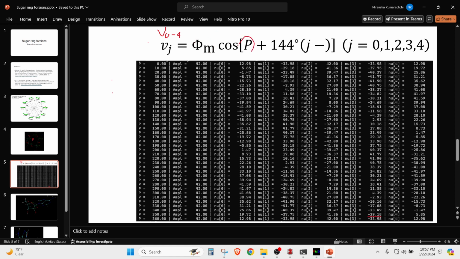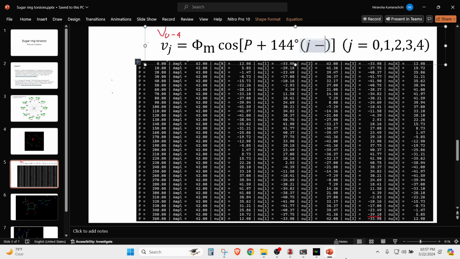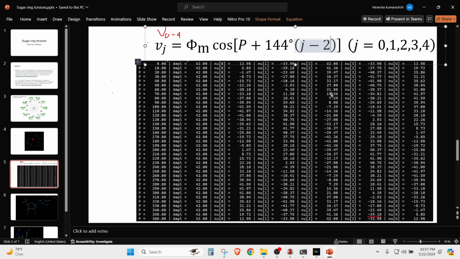And this is the pseudo-rotation, and this should be minus j times 4π over 5 or something like that. Yeah, that's the equation.